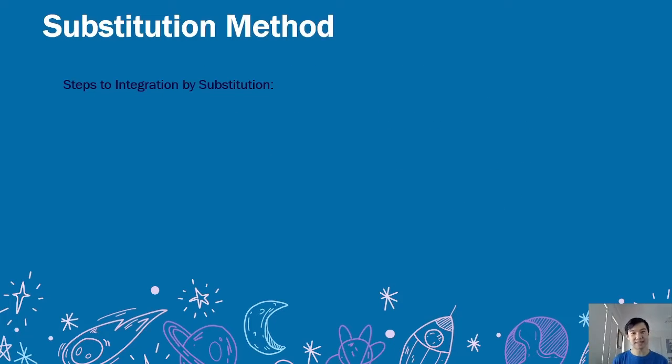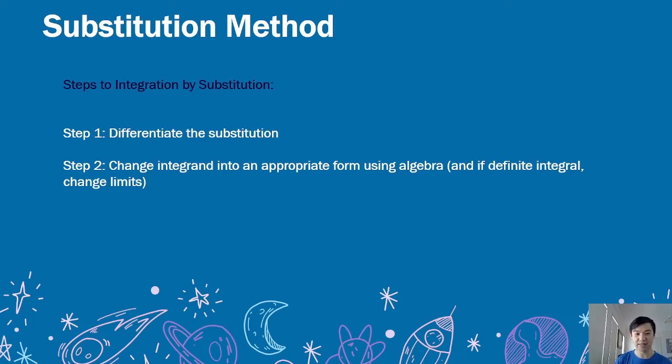So the basic steps of how to do an integration by substitution question: you want to first of all start by differentiating the substitution, and then you want to change the integrand into an appropriate form using algebra. And if you're doing a definite integral, you want to change the limits as well. Once you've simplified everything in terms of U, you then integrate normally.